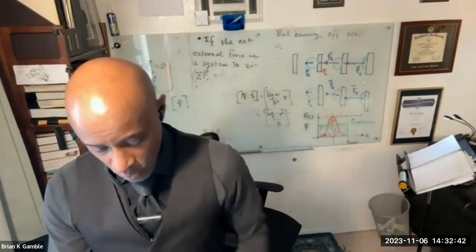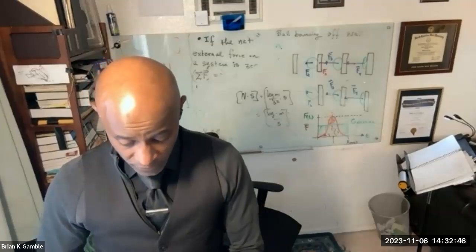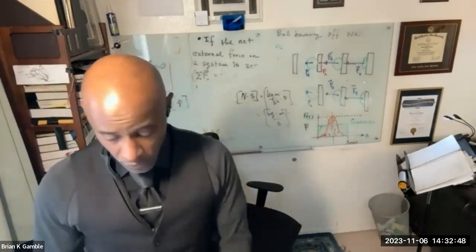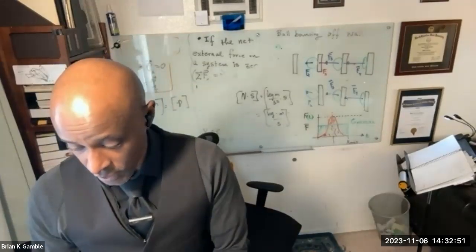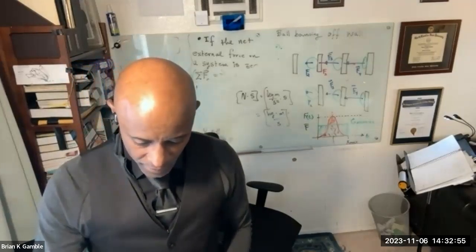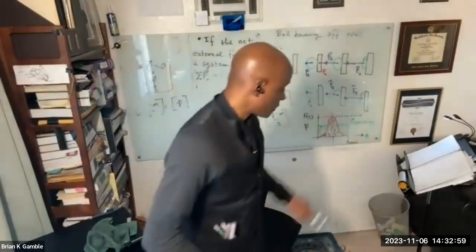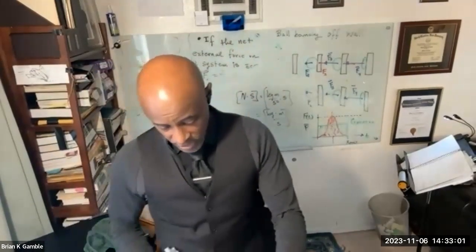The second one was with work and energy, that force over distance was equal to work. And now this is force over time, and that's equal to impulse or change in momentum. And that's essentially what impulse is. It's change in the momentum of the system.